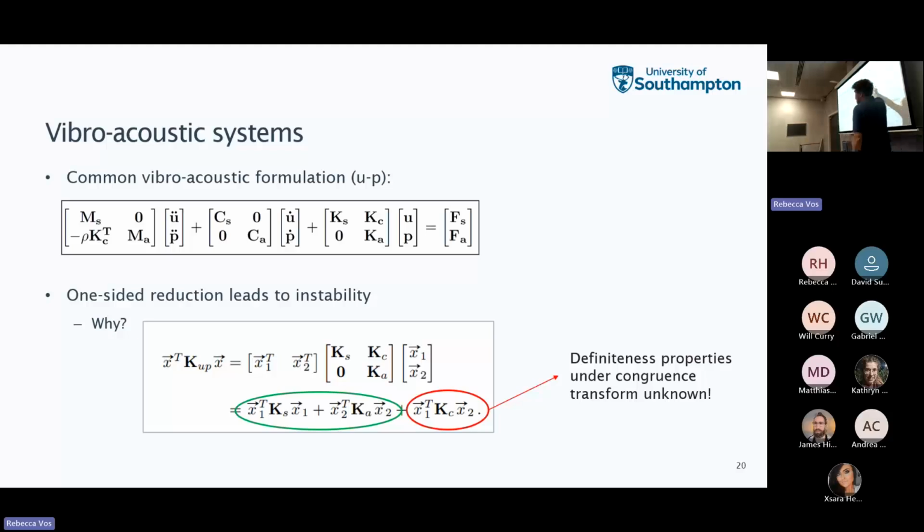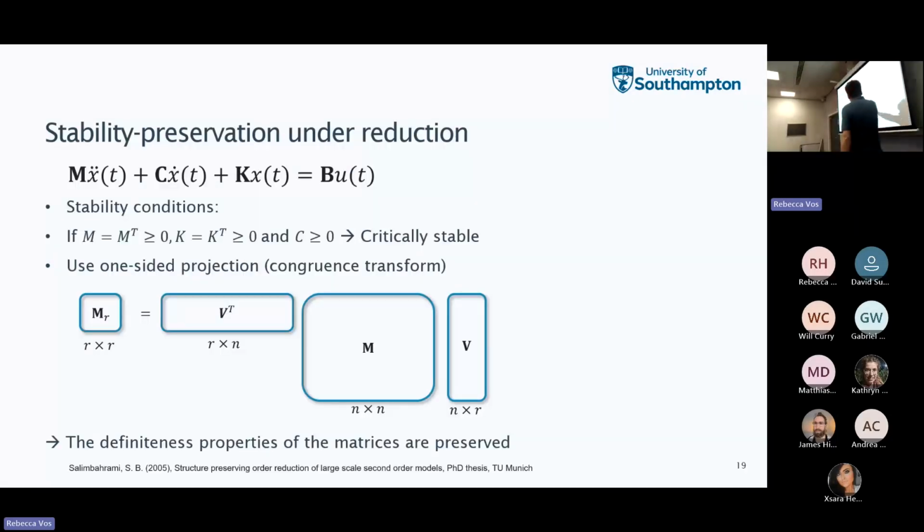However, this system is stable if you run it in the time domain. But in the reduction process that we did, we found out that if we do this without any adjustments, we do get instabilities. If we run the reduced order model in the time domain, we do get instabilities. The reason for that is based on these coupling matrices. Let's say we have a certain vector. This vector can be seen as one column in this matrix V here.